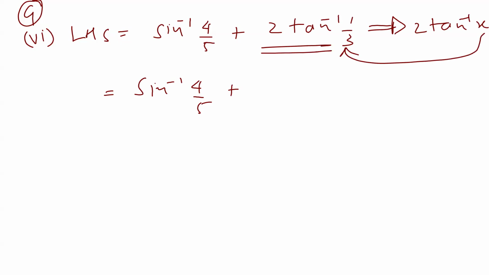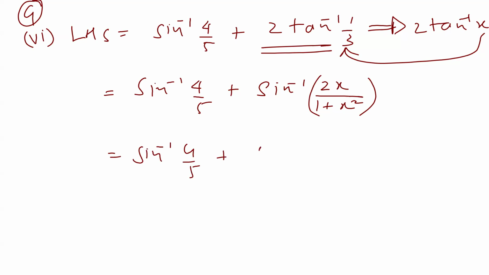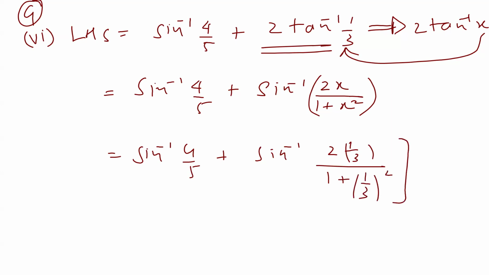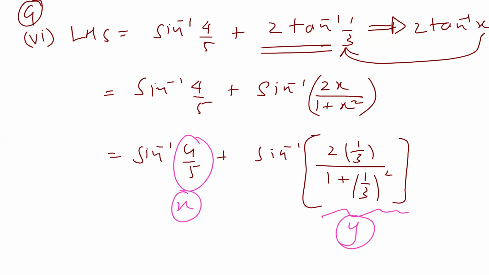Fine. So this is equal to sine inverse of 2x upon 1 plus x square, where the value of x is 1 by 3. So put the value of x as 1 by 3. Okay. Solve this and take the first value as x and the second value as y, and then apply the sine inverse x plus sine inverse y formula. We'll get the required RHS. Okay.